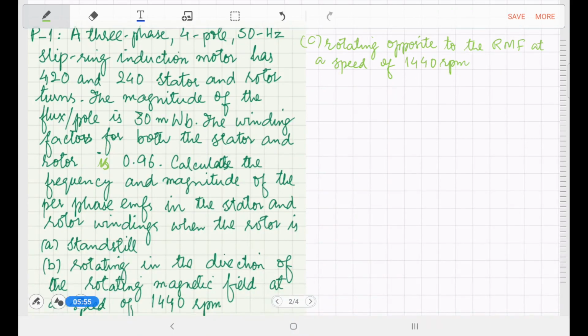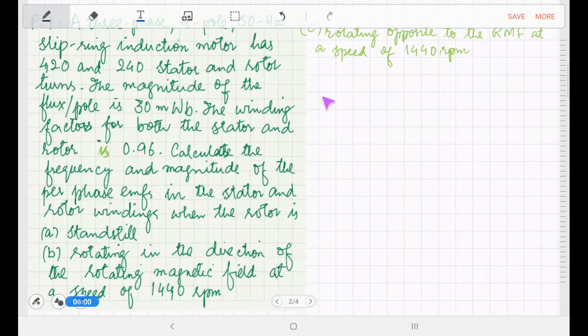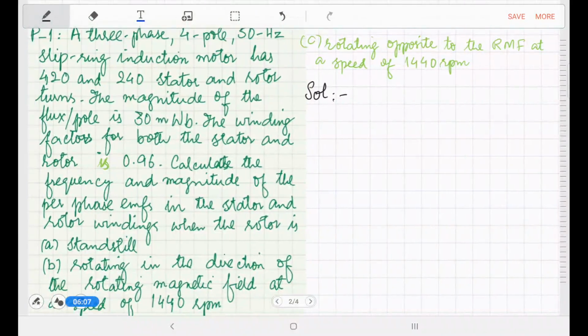So let's solve this problem. Let's first write down the data that has been provided. It's a 3-phase machine with 4 poles. The frequency F is 50 Hz. The total number of turns in the stator is given as 420 and that in the rotor is 240.